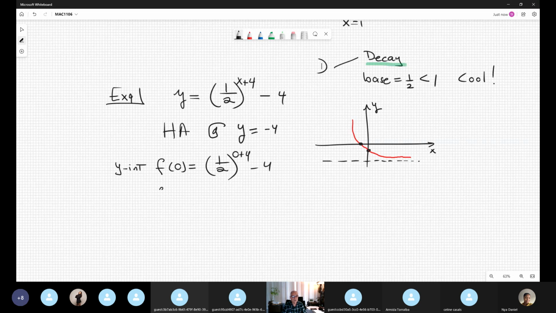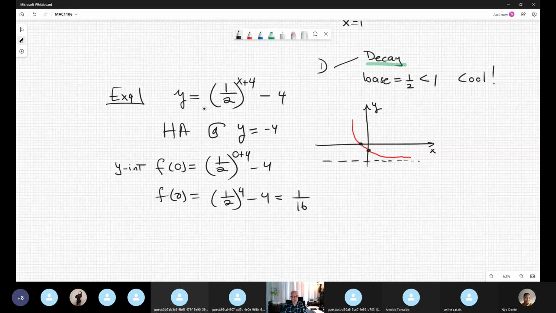And we compute this, no equation, it's just arithmetic. 0 plus 4 is 4, and 1/2 raised to the 4th power is 1/16, because 1 is a magic number. When you raise it to any power, it's always 1. And 2 to the 4th power is 2 times 2 times 2 times 2, 4 times is 16, minus 4.